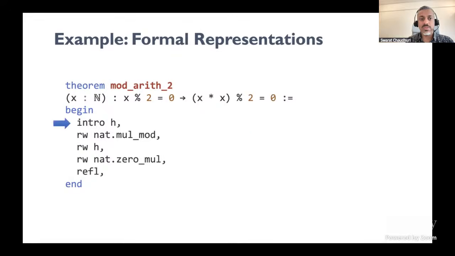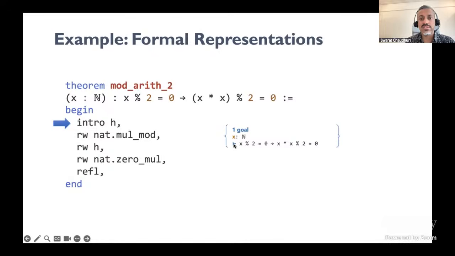For example, in the beginning, you would have a state that looks like this. Just to spell this out, it says that there is one goal that you currently need to prove. And that goal is under this context, which is that x is a natural number, this is the variable that you're allowed to use.